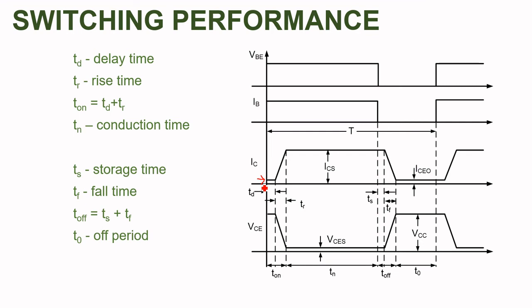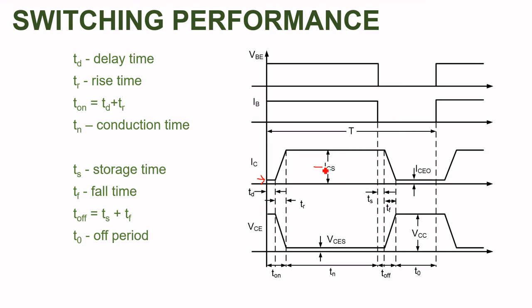After some delay TD, called the delay time, the collector current begins to rise. This delay time is required for charging the capacitance available between base and emitter. After this delay, the collector current rises to a steady state value of ICS.